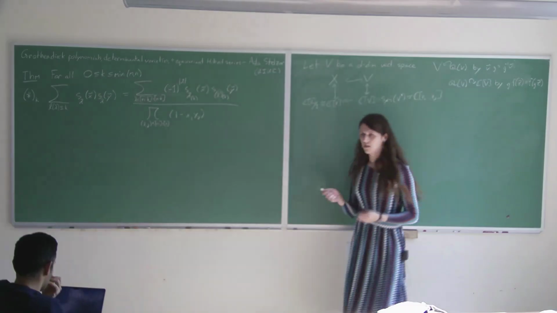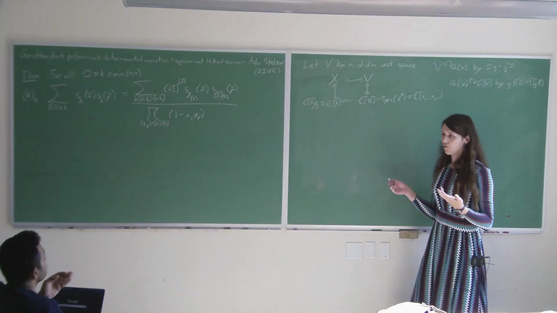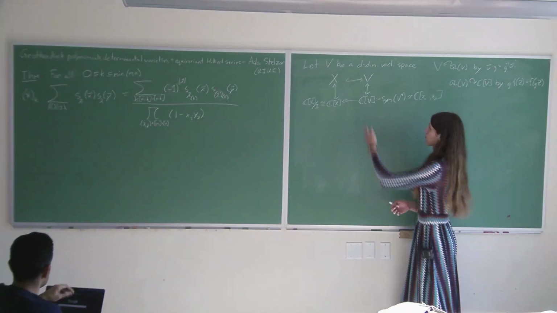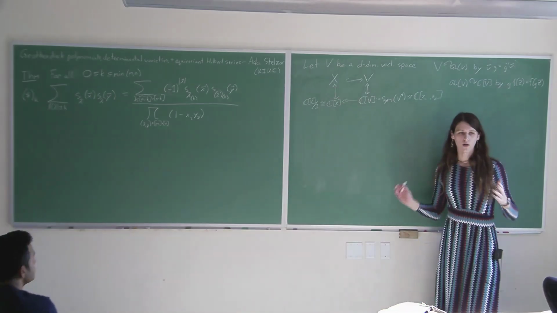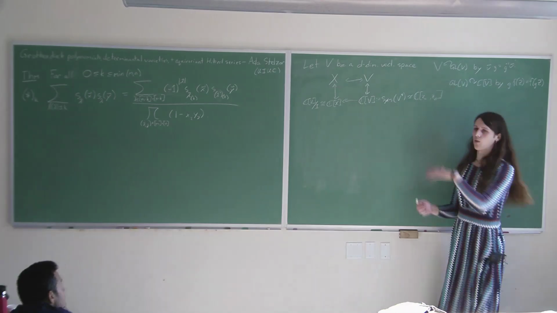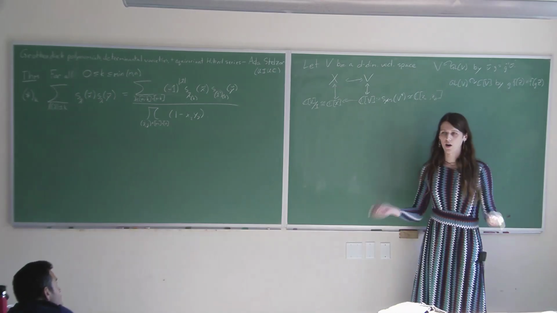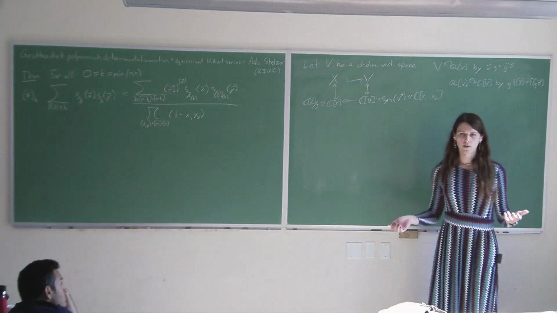Okay, great. And if we're lucky and we pick a nice X to work with, our X will also be stable under this GL action. Or later on, maybe we won't take GL, we'll take some nice subgroup of it, like a product of GLs or some other reductive group.